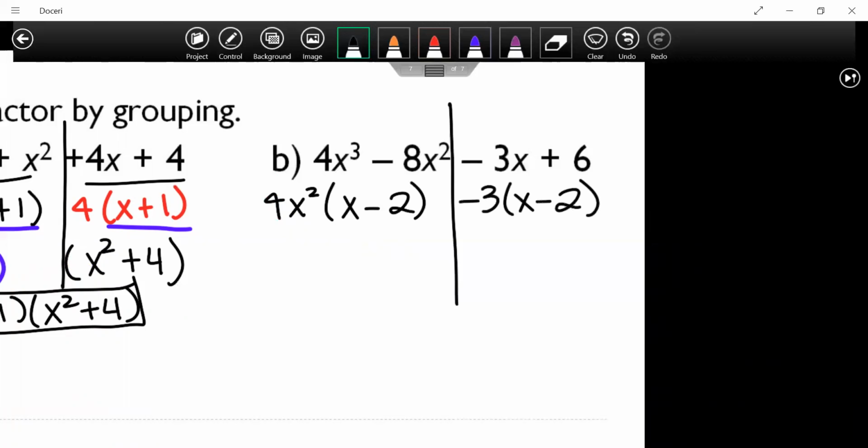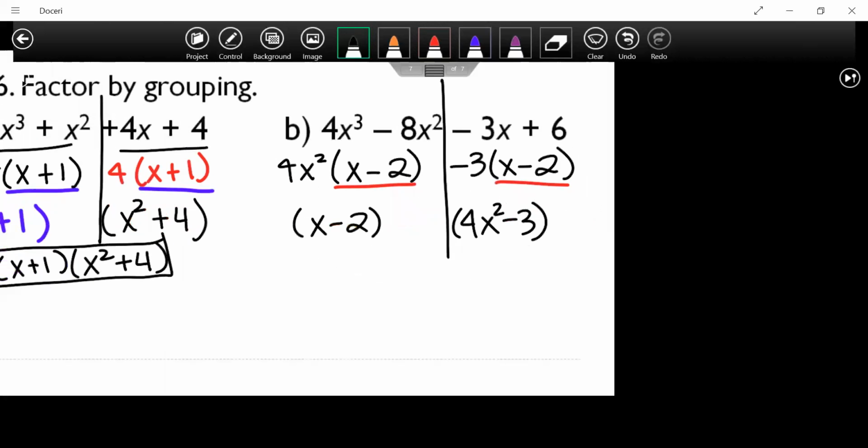Look at that, look how nice they look. What's the greatest common factor between these two? It's our x minus 2 and our x minus 2. So we're going to get x minus 2 and 4x squared minus 3, which are our two factors.